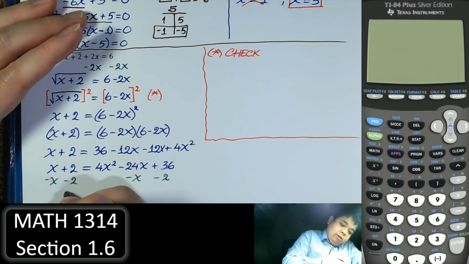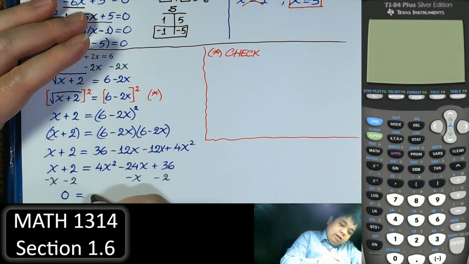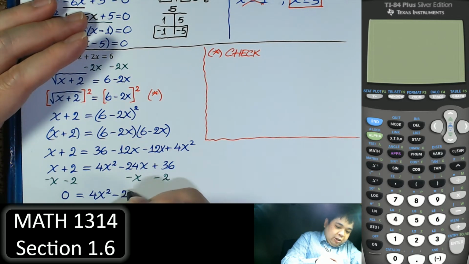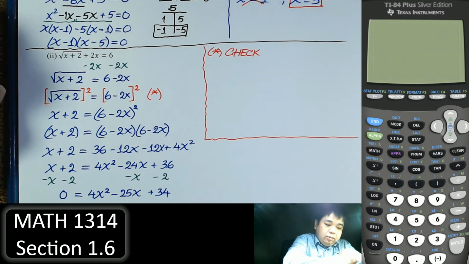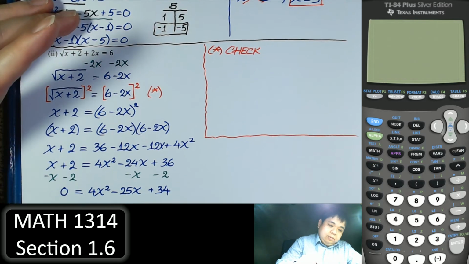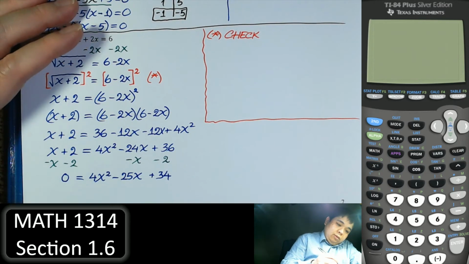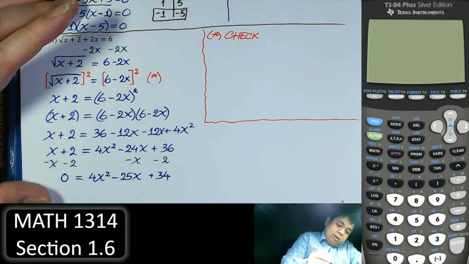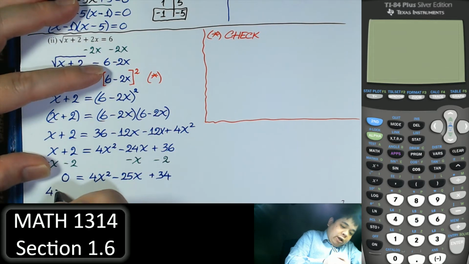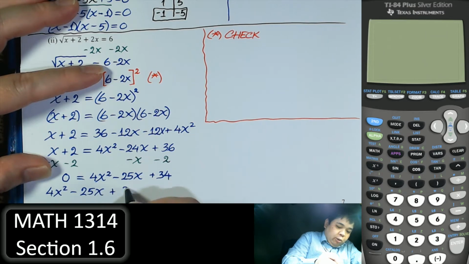So we have 0, and this gives us 4x squared minus 25x plus 34. Right? Or we say 4x squared minus 25x plus 34 equal to 0.